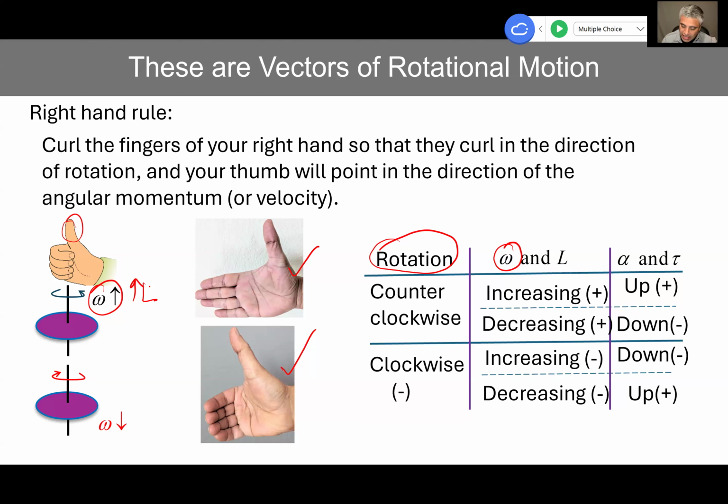Now, how about the angular acceleration and torque? Okay, they also have an actual physical direction. So we know torque is I times alpha, so they have the same direction.